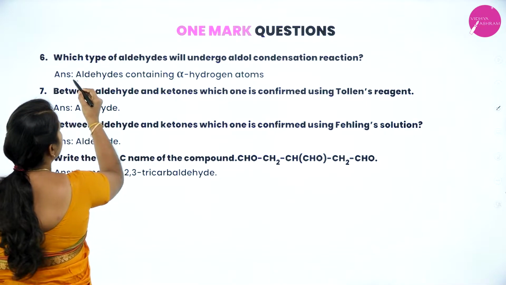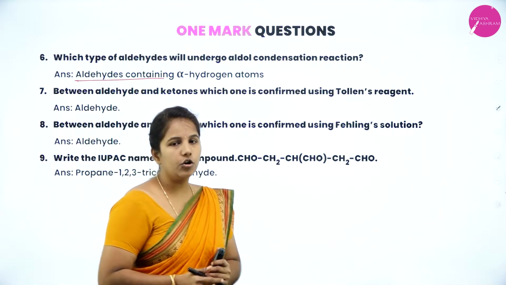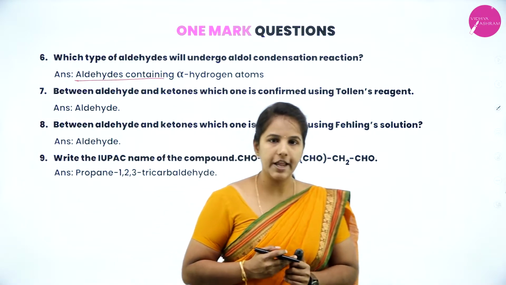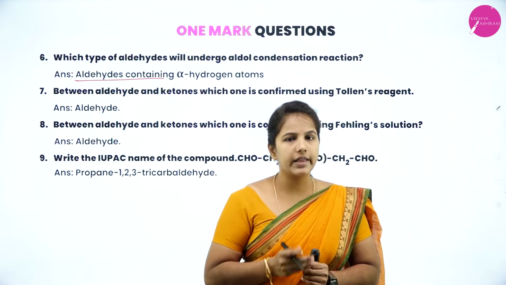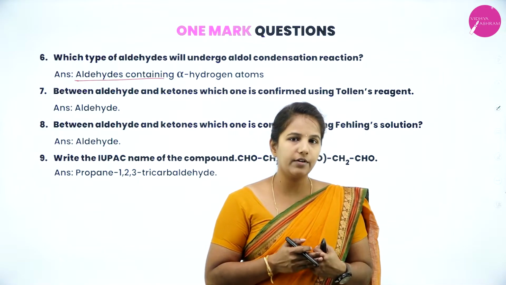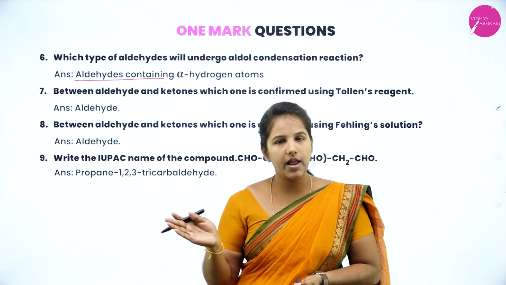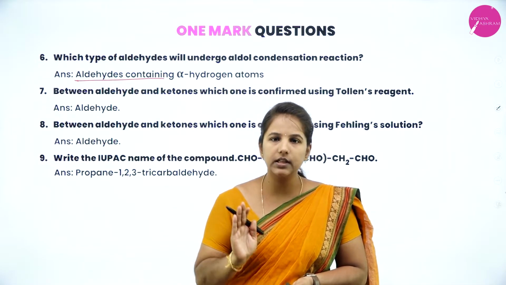Usually the aldehydes containing alpha hydrogen atoms undergo aldol condensation. Remember, in a Cannizzaro reaction, the aldehyde does not contain alpha hydrogen atoms. You will see the reaction in the 2 marks as well as the 3 marks questions.